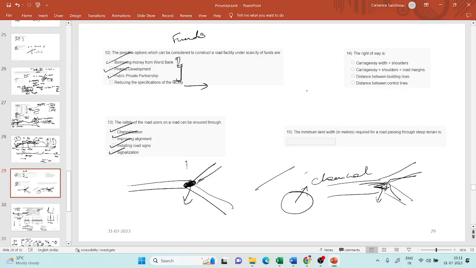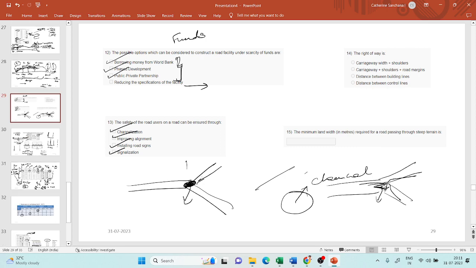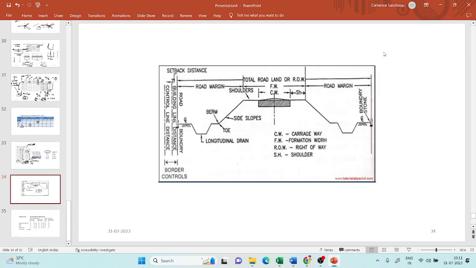And the right of way, what is right of way? If you see sir's slides, you can see that carriageway is the width of the roadway. Shoulders is the space adjoining the roadway.